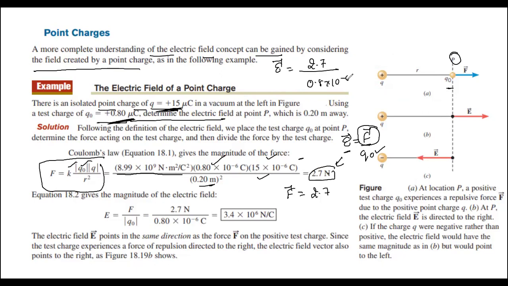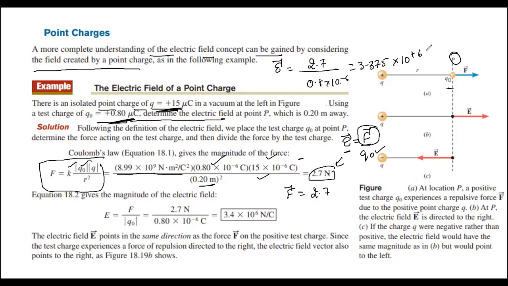Make sense? So what you can do is divide 2.7 by 0.8. Let me just quickly do that. 2.7 divided by 0.8 is 3.375. And this 10 to the power minus 6 can go on the top and become plus 6.